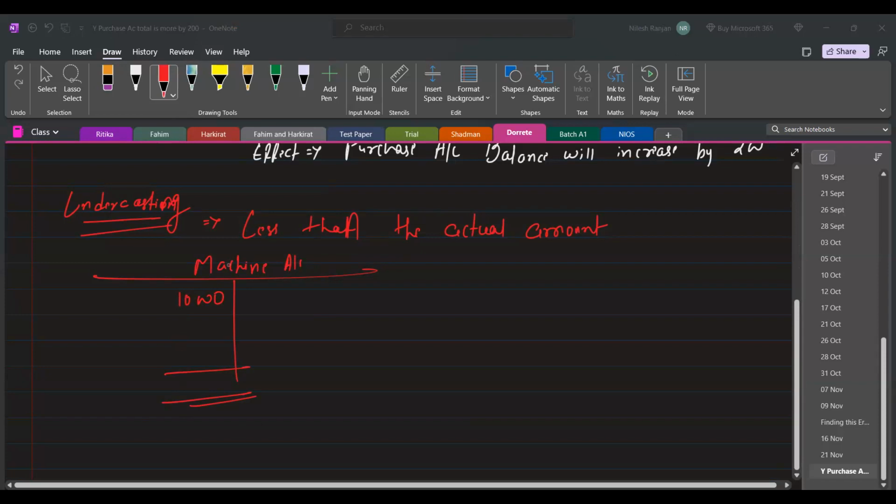We have to write the total on the debit side as 12,000. Let's say the total should be 12,000, but it is 10,000.